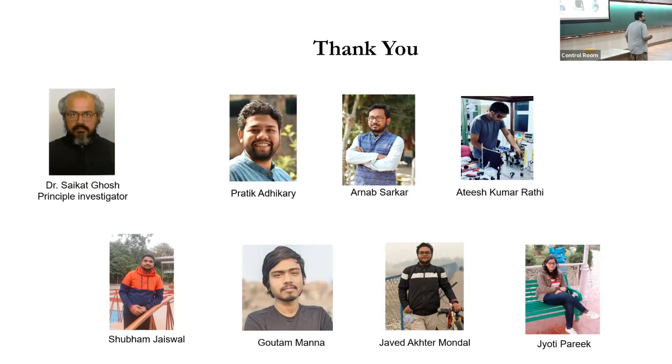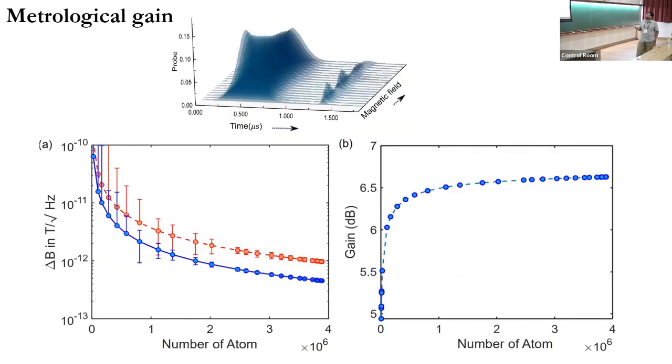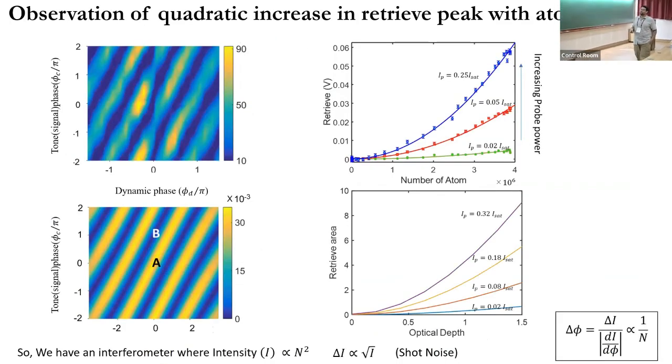Can you go to that slide where you compare the interference of your theory and experiment? Here in the y-axis, near the edge, there should be a maxima, right?